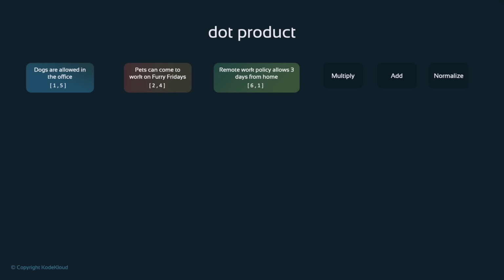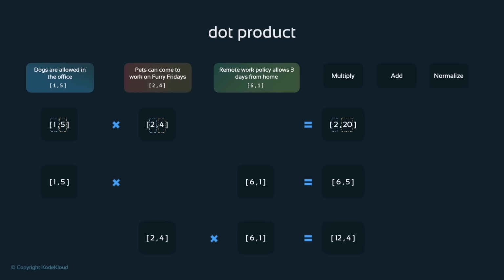Let's look at the first two. We first multiply the values in the vectors. So we multiply 1 times 2 to get 2 and 5 times 4 to get 20. We do the same for the other two pairs. We multiply 1, 5 with 6 and 1 to get 6, 5, and then we multiply 2, 4 with 6 and 1 to get 12, 4.